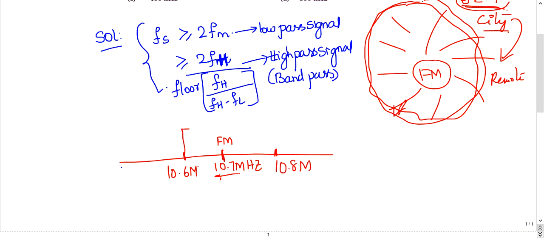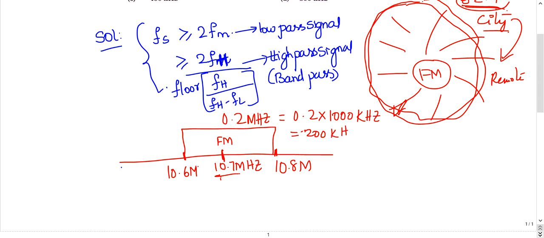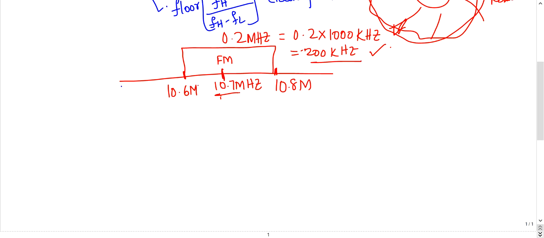The difference between these is 0.2 megahertz, which is 0.2 into 1000 kilohertz. This is 200 kilohertz, which is according to the question. Now we are on track.